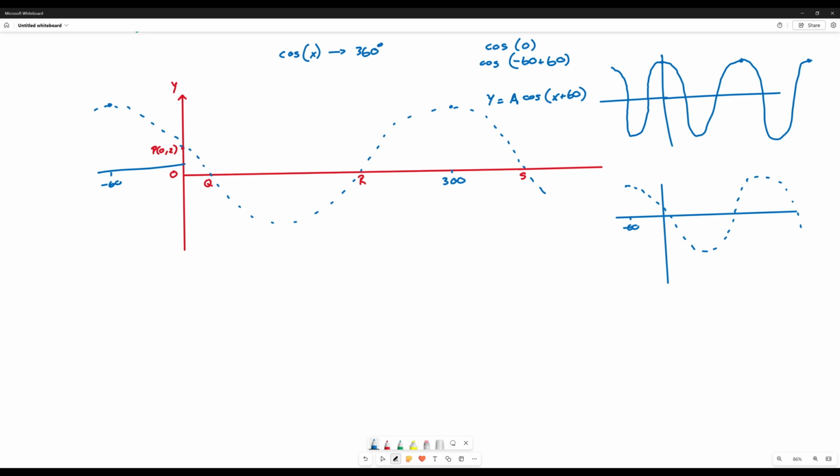Normally it would exist between 0 and 360, but because we were pushed back to minus 60, it's going to start at minus 60 and then push up to 300 instead. It's still an iteration of 360 degrees.